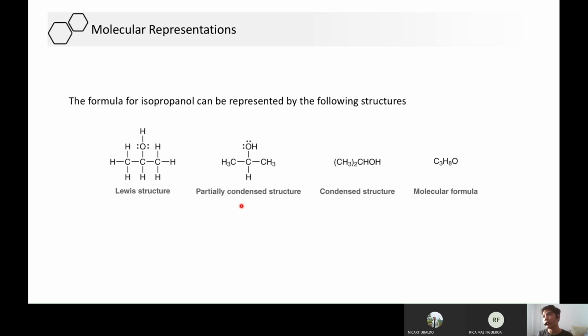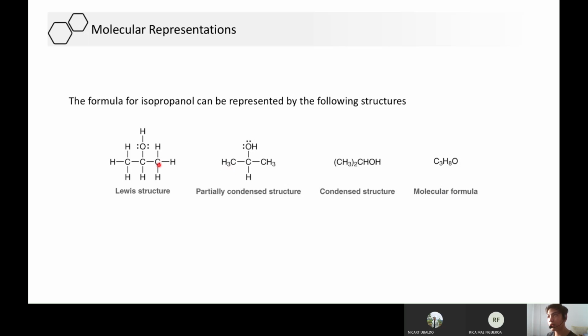Another way to represent our molecules in organic chemistry is using partially condensed structures. For a partially condensed structure, instead of writing the hydrogens as lines bonded to carbon, we compress the number of hydrogens bonded to that carbon.